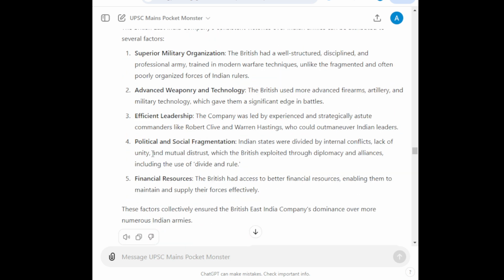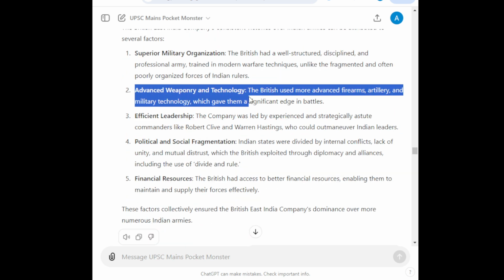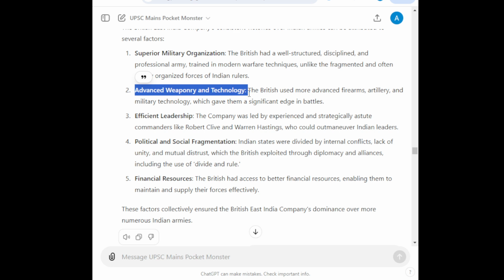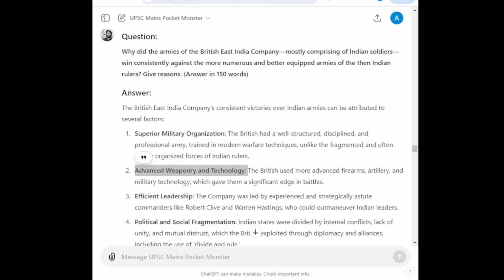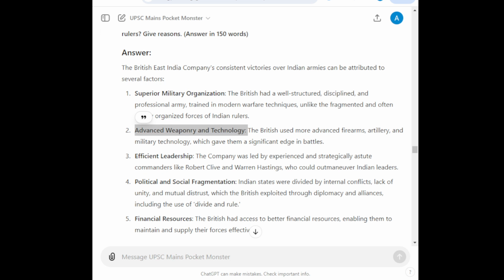The next point is advanced weaponry and technology. If somebody hasn't followed this, the question is: even though the Indian rulers had larger and better equipped armies, the British East India Company was able to consistently gain victories against them. So, what are the possible reasons? We have seen there's military organization, modern organization, and a professional organization of the European armies.